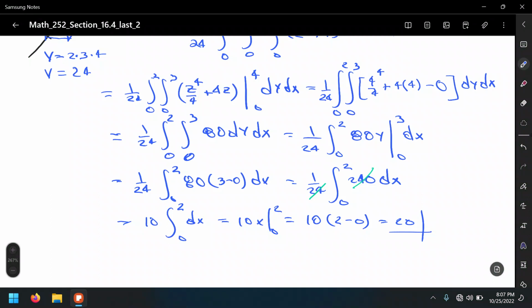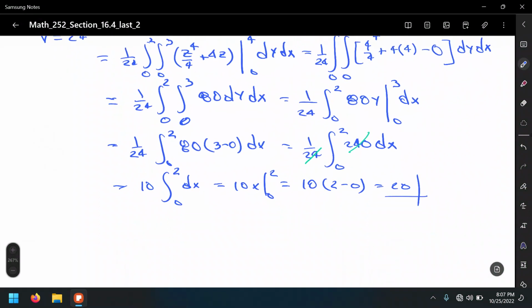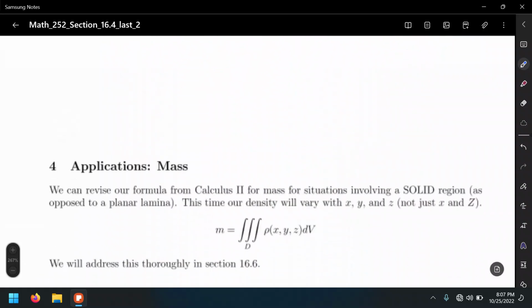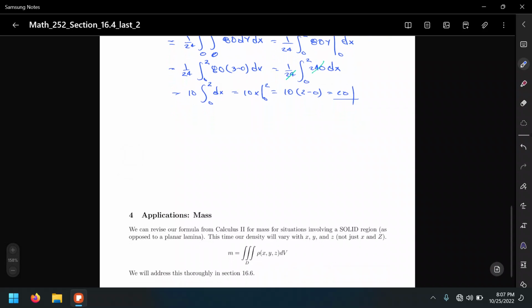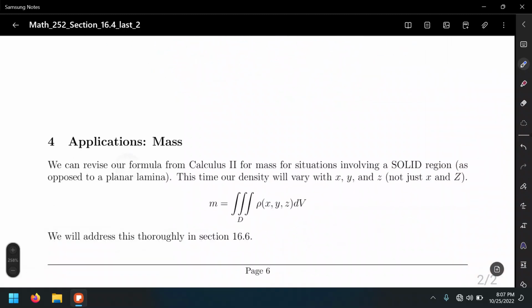And I think this concludes the section, right? There's something more at the bottom of the page about applications, but that's something I mentioned last time, when we were working on the meaning of the triple integral. When the triple integral has a 1 in it, in a similar way that we define the area, that triple integral will define volume. But if that triple integral has a function f of x, y, z, that function of 3 variables, it's actually the density function.